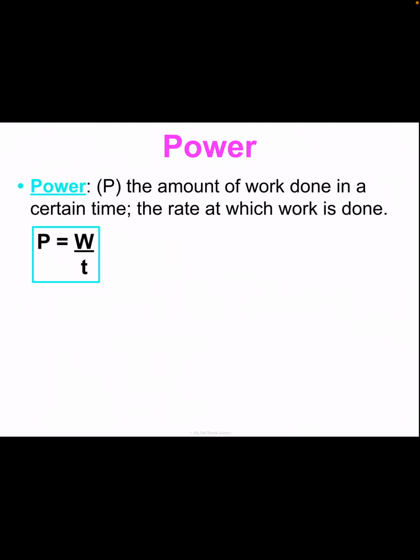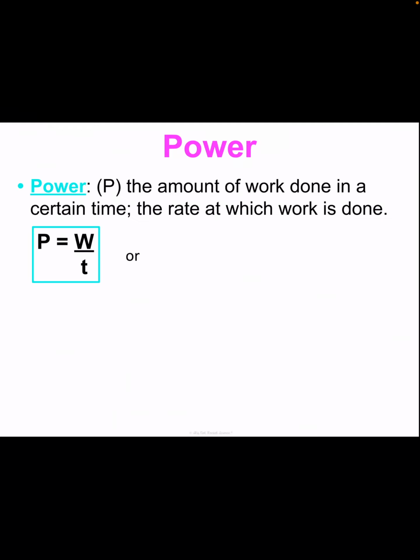So let's go ahead and we'll identify, well, sorry. I was going to identify all the letters first here, but I'm going to go over the other possible equations. So what I will do sometimes is, if I ask you to solve for power, I might give you the force and the distance and the time and ask you to solve for power.